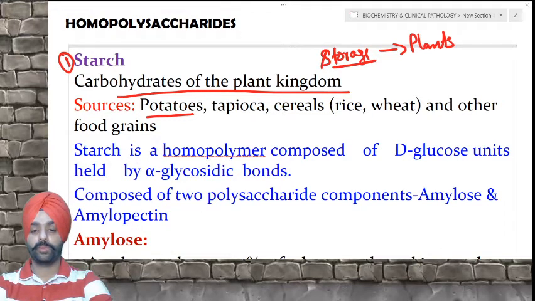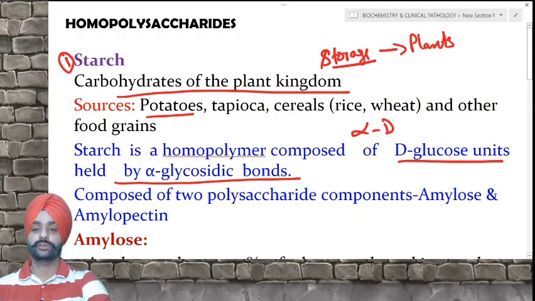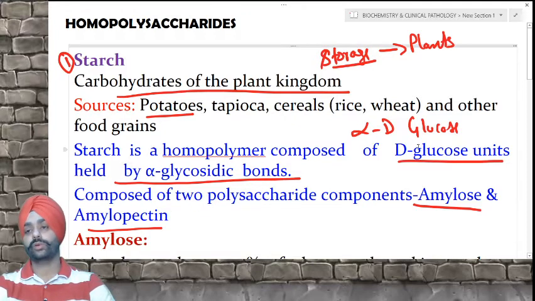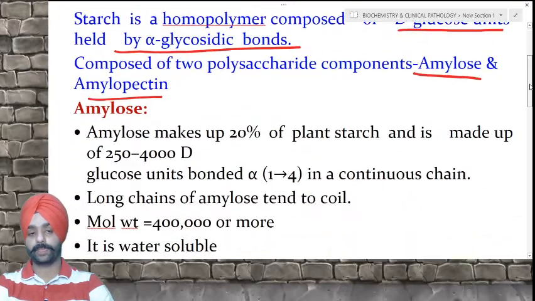Starch is a homopolymer composed of D-glucose units held by alpha glycosidic bonds. Alpha D-glucose is mainly involved in starch, which is composed of two polysaccharide components, amylose and amylopectin.